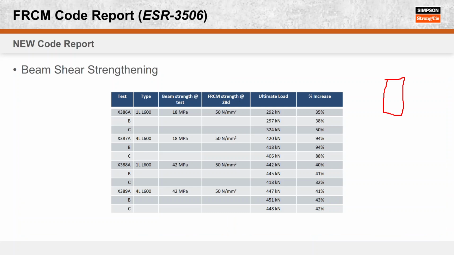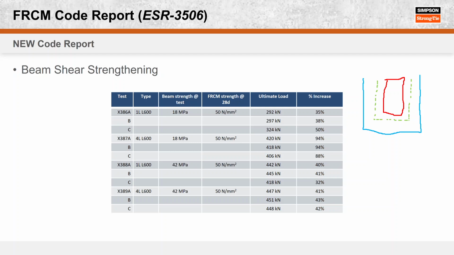So the ultimate strengths you see here were much higher than the calculations. It's a pretty big beam by the time you're adding 4 layers. So that's one of the reasons why we get such a large strength increase from using 4 layers. But we can't take advantage of that in our calculations. Our calculation would show it's much lower than that.